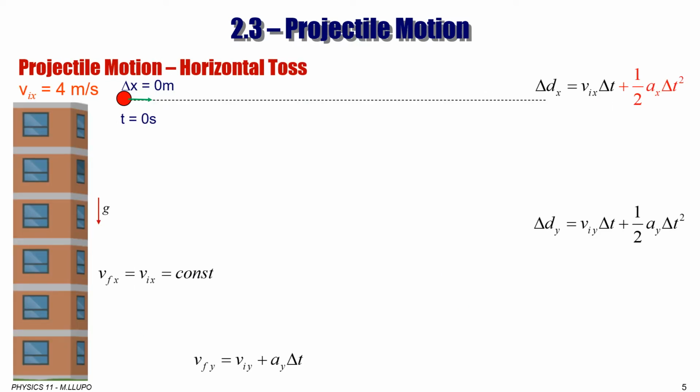Let's talk about projectile motion, when the object is moving horizontally with a constant motion of 4 meters per second. Why is it constant horizontally? Because there's no reason to accelerate. Air resistance is negligible, it's an ideal situation, so nothing is slowing down or speeding up horizontally. However, vertically there's gravity.